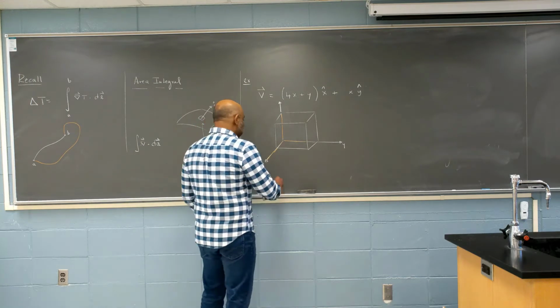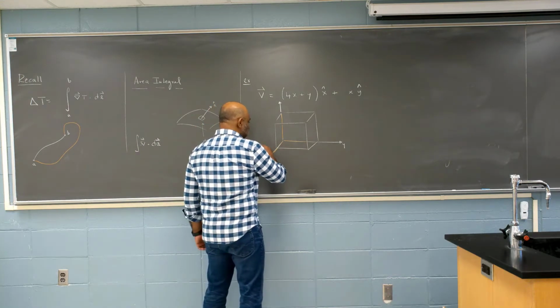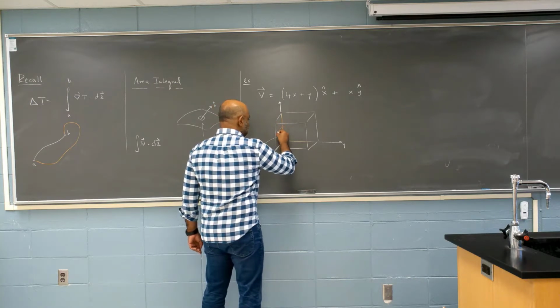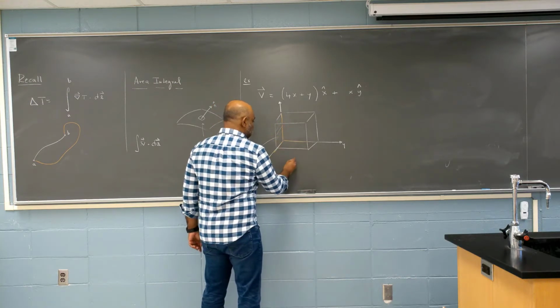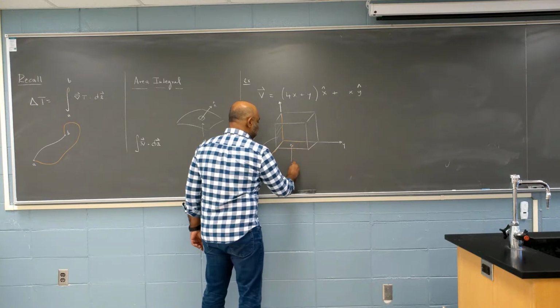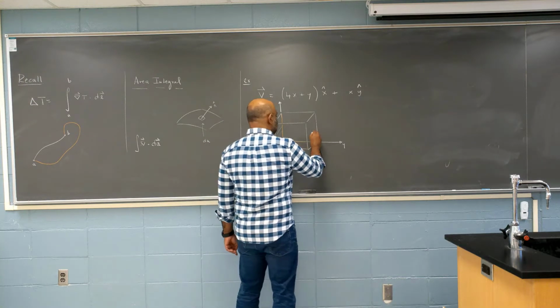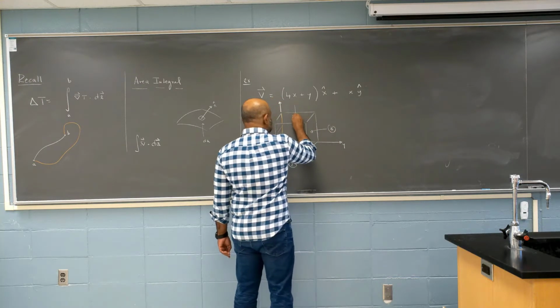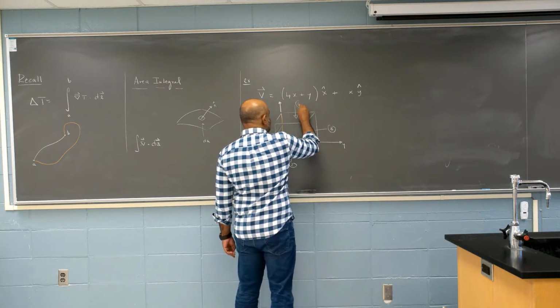So I'm going to label each side, and hopefully you understand by my perspective. I'm going to call this side surface 1, and then below I'll call it 2. Then I'm going to come over here. This is going to be surface 3. This is going to be surface 4.